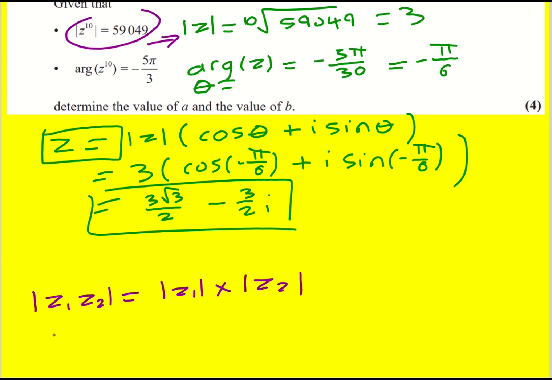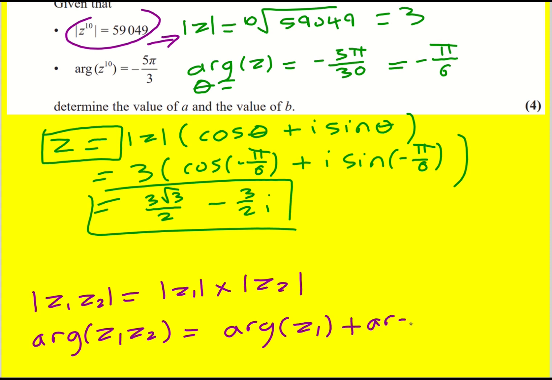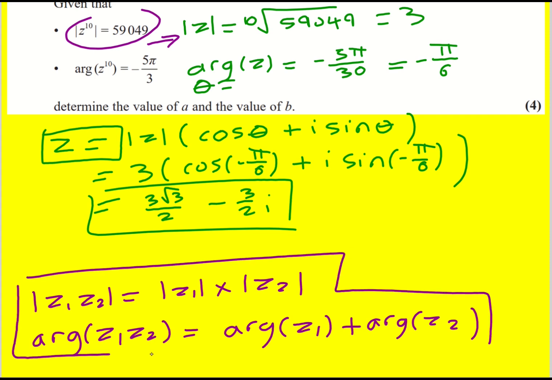And then the argument of z1 z2 becomes the argument of z1 plus the argument of z2. You can use addition formulae to prove that one. So these are the two to be aware of that we've used. Hopefully you're happy with that. Brilliant.